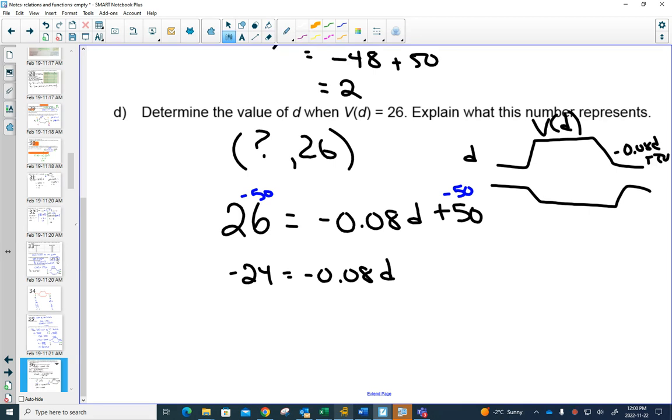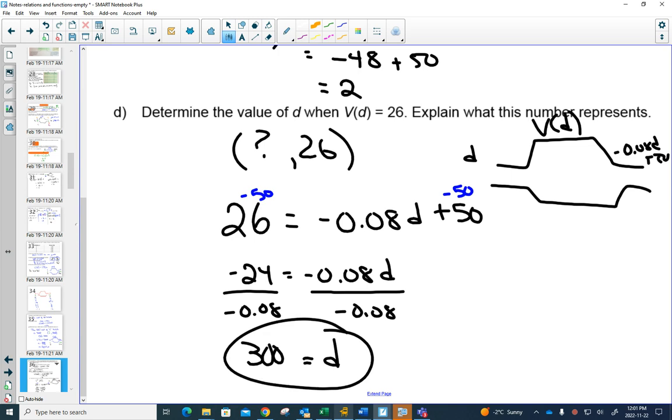How do I get rid of the negative 0.08? The opposite would be dividing. That gets D all by itself. Go to my calculator. Negative 24 divided by negative 0.08, 300. That is equal to D.